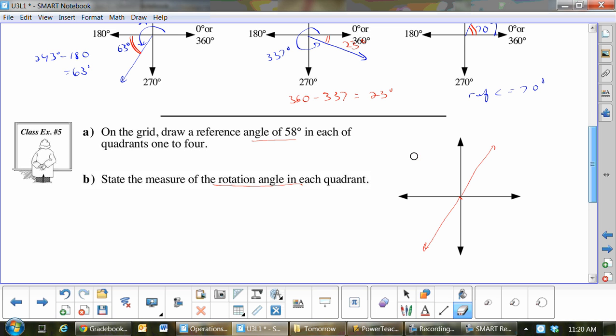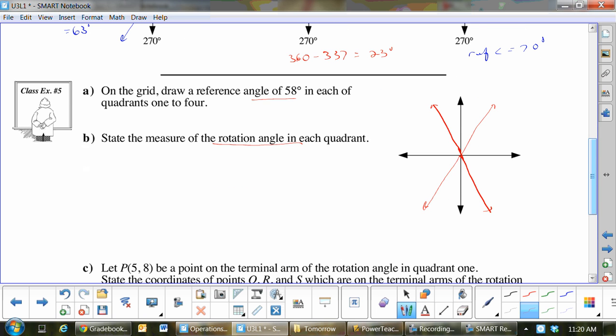Not happy with that one. There, and there. Okay? So I'm going to draw them because this is 58. This is 58 degrees. Put my degree sign there. This is 58 degrees. And this is 58 degrees.